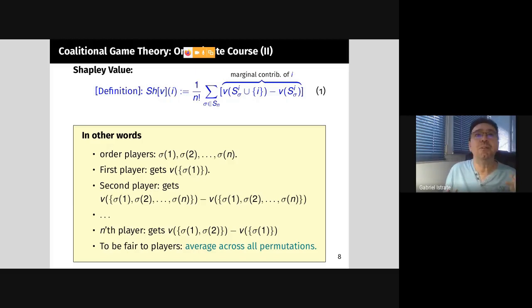Let's imagine that you go to a bar with friends, and the amount of drinks you buy determines the price you pay. The more drinks you order, the cheaper they will get. And let's say, for instance, that the first player comes and orders some amount and pays for it.